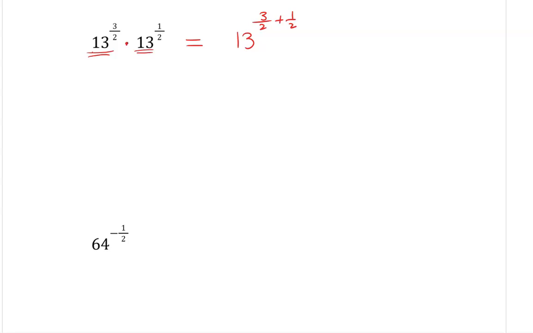So altogether I'd have 13 to the 4 halves power, which is basically 13 squared, which is 169. So that's just kind of combining rules of exponents together with rational exponents.